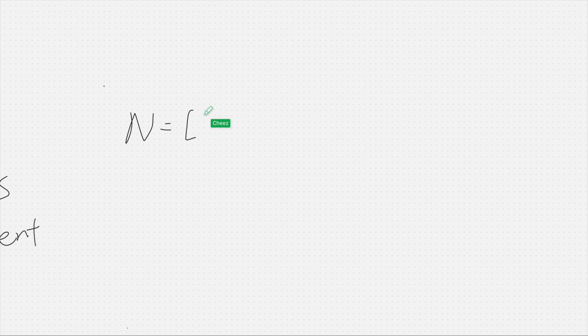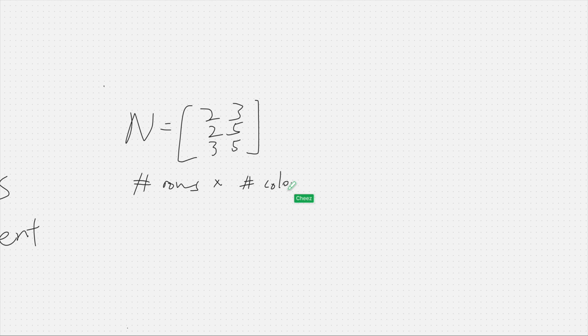Okay, now we have a new matrix N, and it is 2, 3, 2, 5, 3, 5. We define the order by saying the number of rows first, and then the number of columns. So I have a very common question.